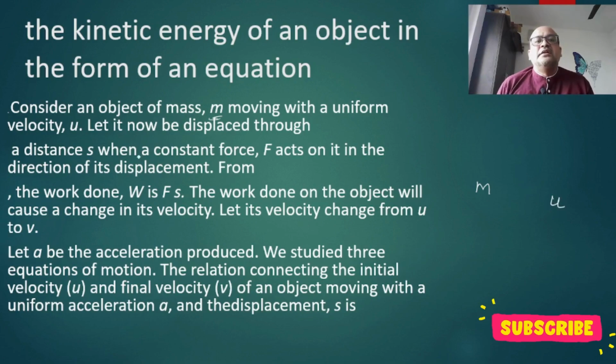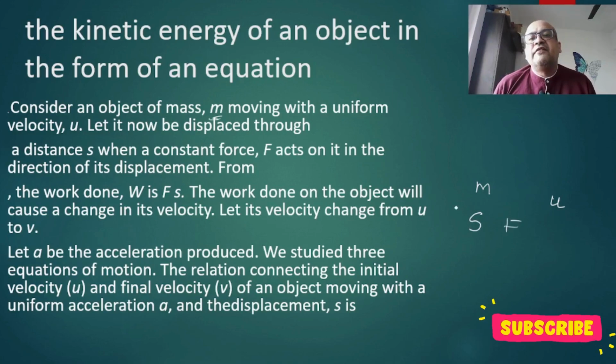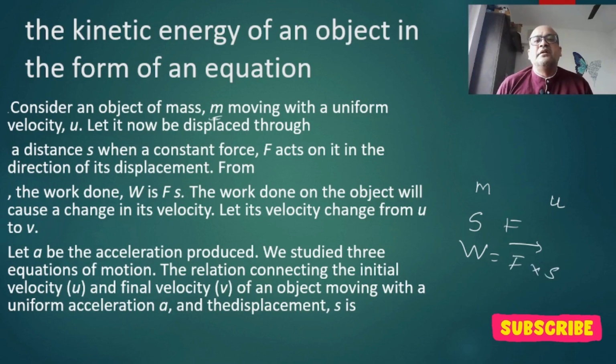Then a constant force F acts on it over a distance s, in the direction of the displacement. In the direction of the displacement means positive work. We know that work done is force into displacement, right?